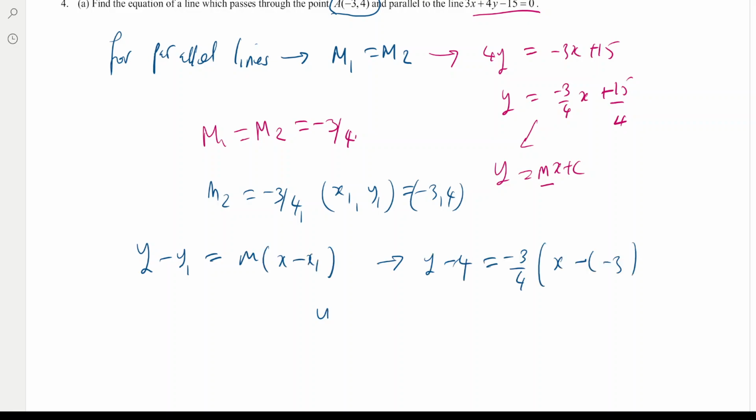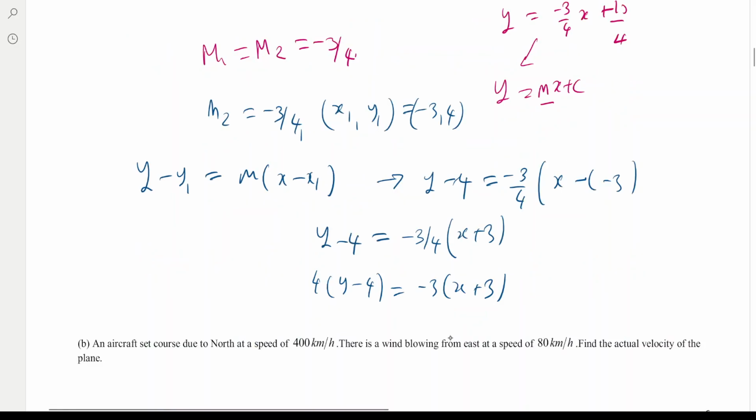So the equation is y minus 4 equals negative 3 over 4 in the bracket x plus 3. You can multiply now by 4 both sides, so it is 4 times y minus 4 equals negative 3 times x plus 3.